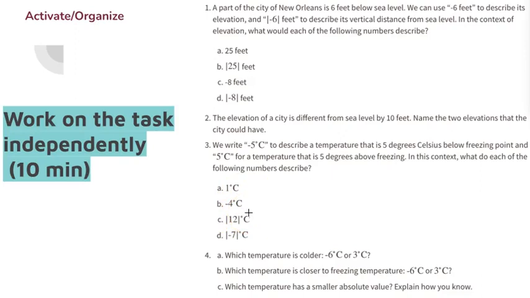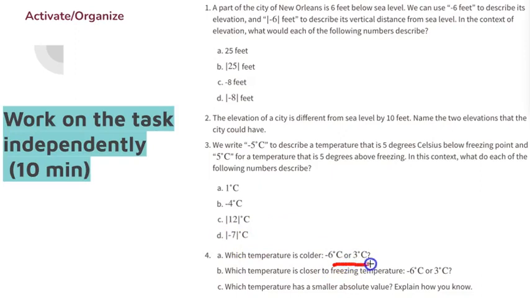Yeah, that's 4 degrees below the freezing point in Celsius. What about the absolute value of 12 degrees Celsius? Yeah, its absolute value is that it is 12 degrees away from 0. And this is 7 degrees away from 0, even though it's negative.